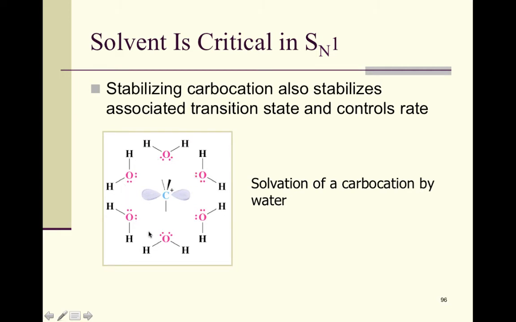So if we have this in water, our carbocation can be basically shielded with water, which keeps it in the carbocation form longer, so then the nucleophile can come in and get it. So in an SN1 reaction, we want solvation to happen because it's keeping our carbocation nice and stable, whereas when we had an SN2 reaction, the solvent went around the nucleophile and just blocked it from reacting.